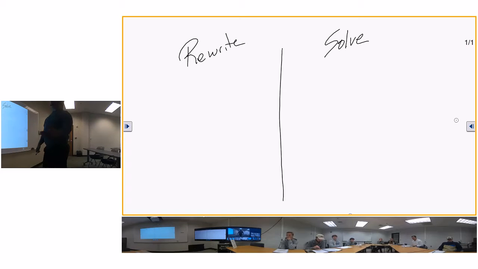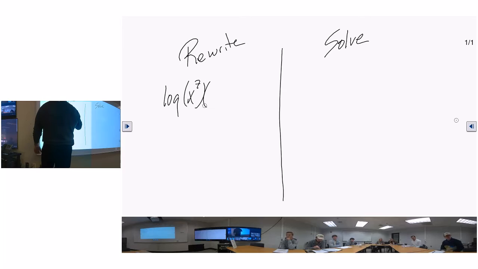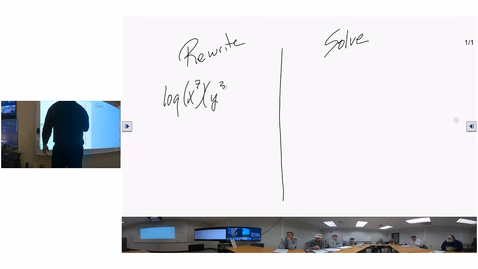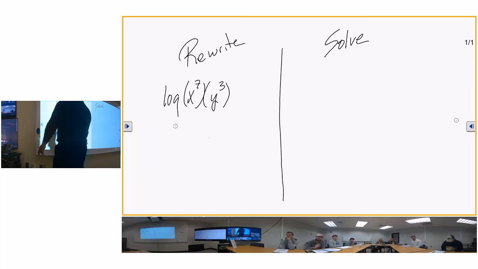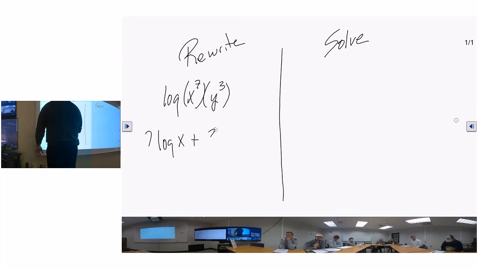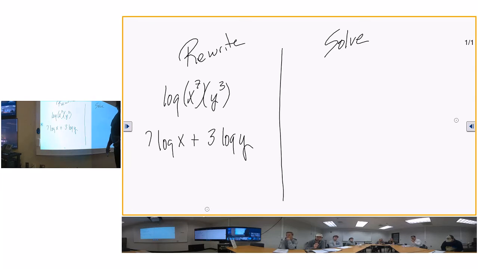And we're going to do more of them. So if I give you log base 10 of x to the 7th multiplied by y to the 3rd, then since I've got a single logarithm, I'm going to write it as 7 log of x plus 3 log of what? Y. I just rewrote it.